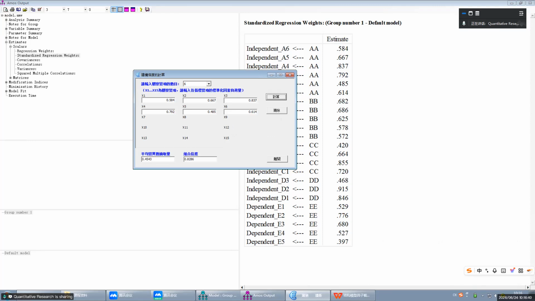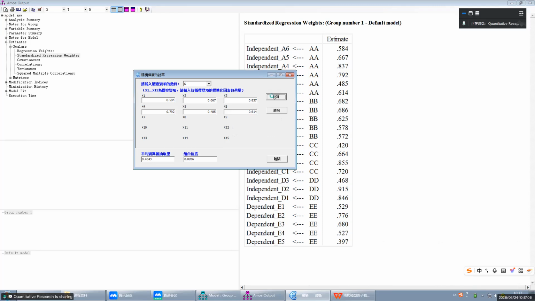CR should be above 0.6. AVE should be above 0.5.